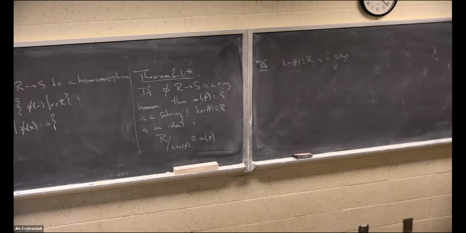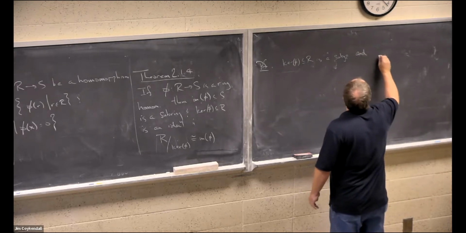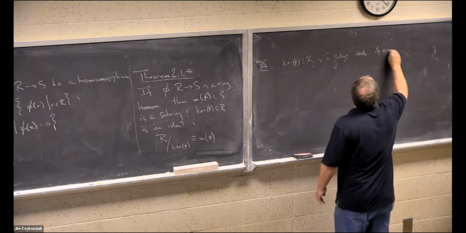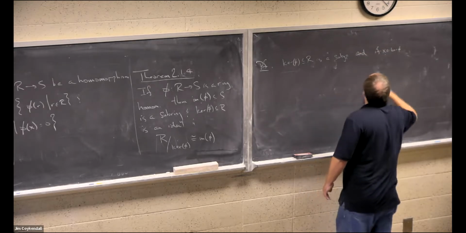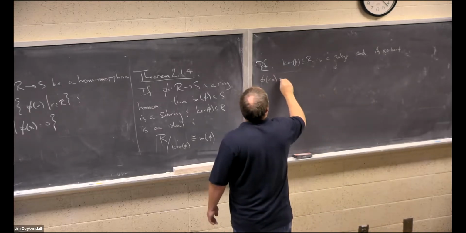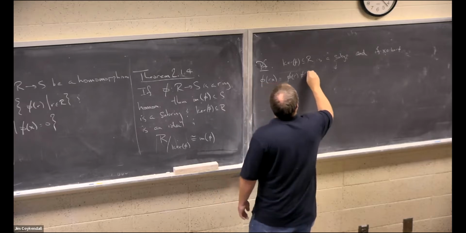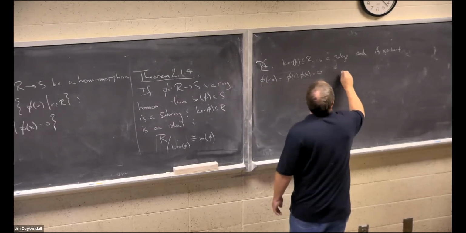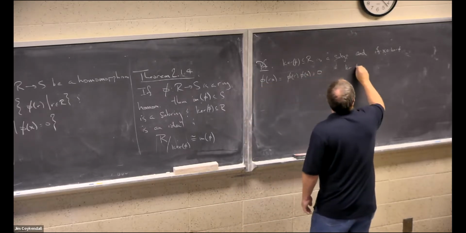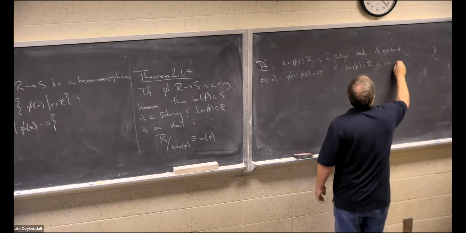So this is a subgroup, and if x is in the kernel of φ, then φ(rx) is φ(r)φ(x), which is 0. Therefore, the kernel of φ in R is an ideal.